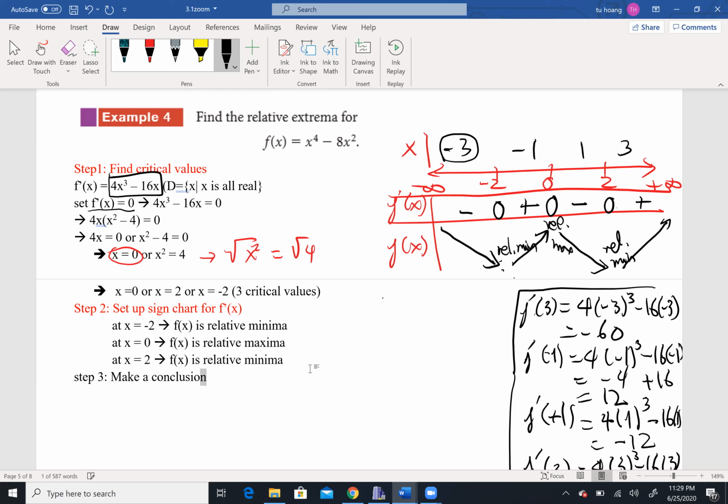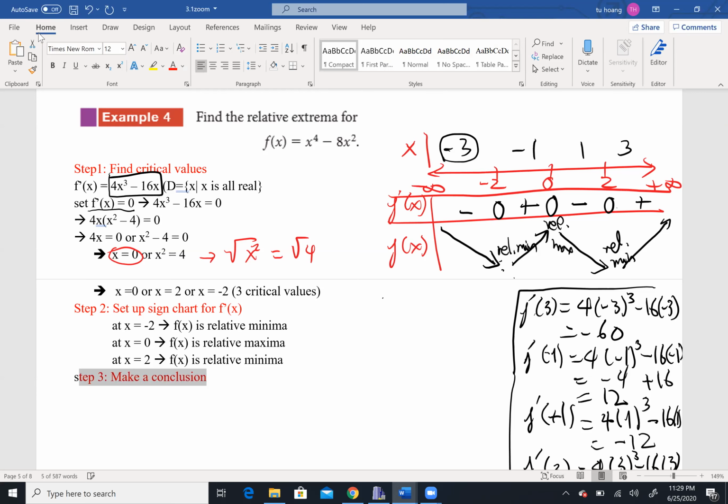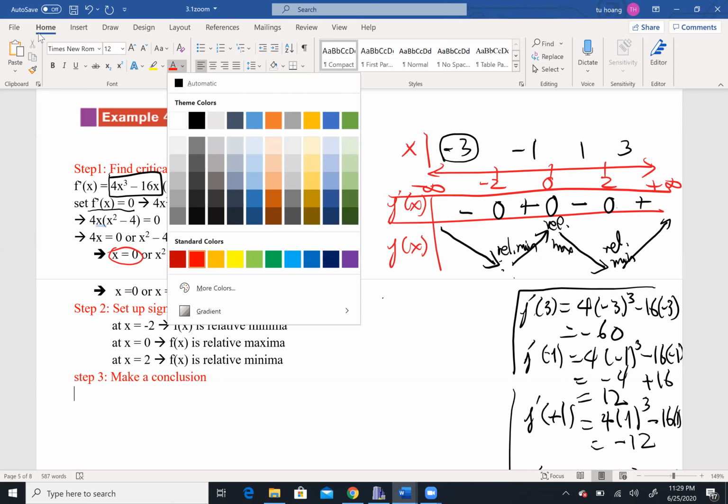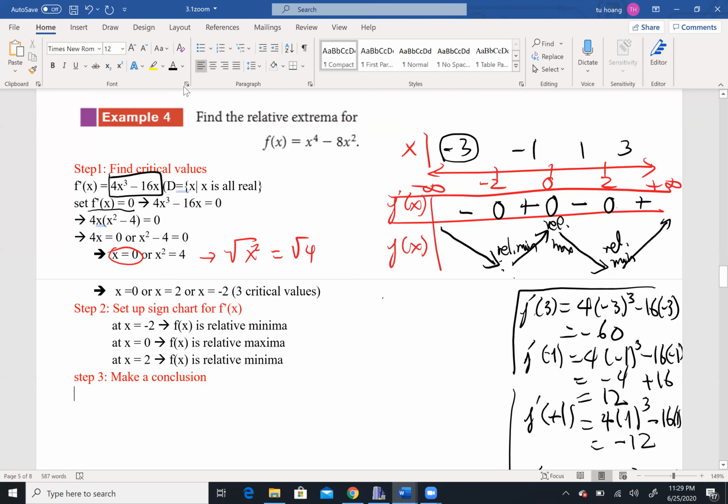Okay, so let me change the color to be red here.